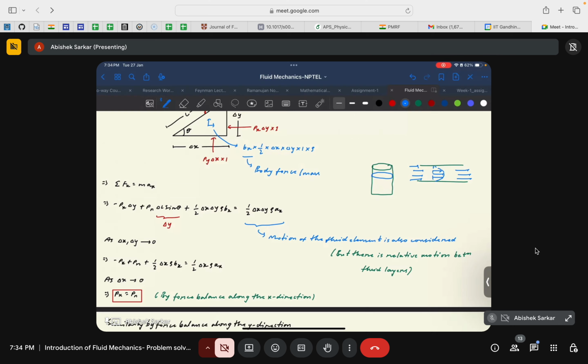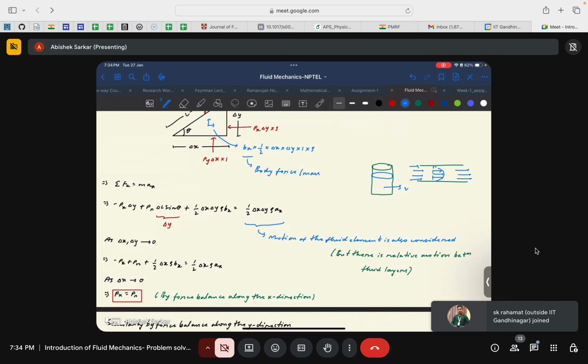But if you move this container with a certain velocity v, the fluid is in motion, correct? The container is moving at a velocity v, but even though the fluid is moving, the fluid contained within the container does not have any relative motion between its layers.